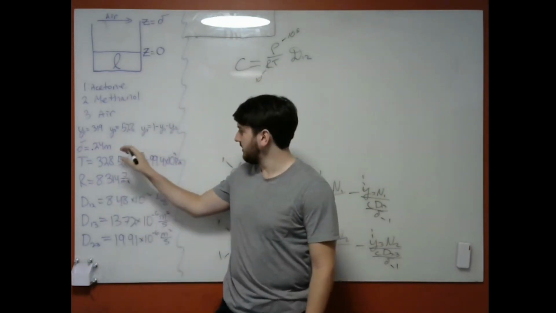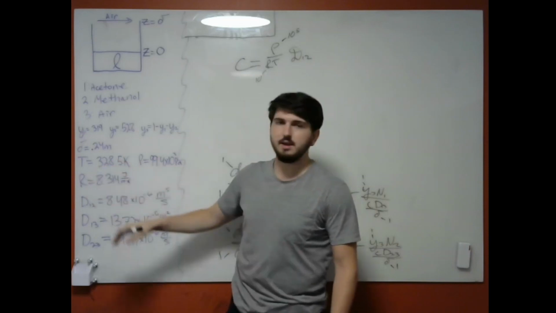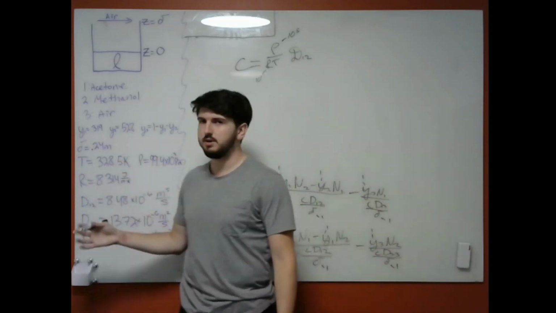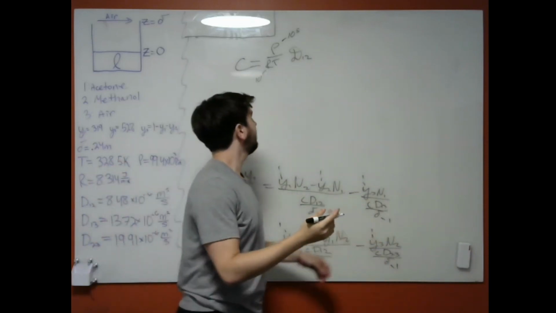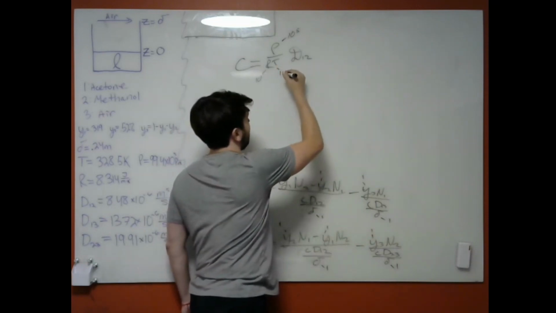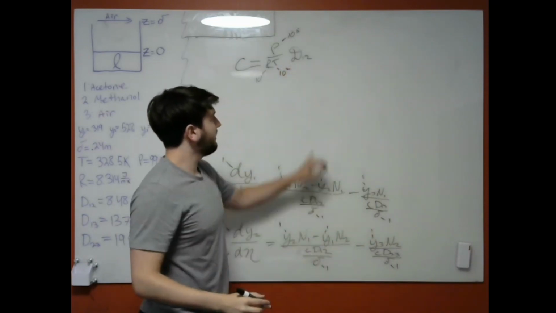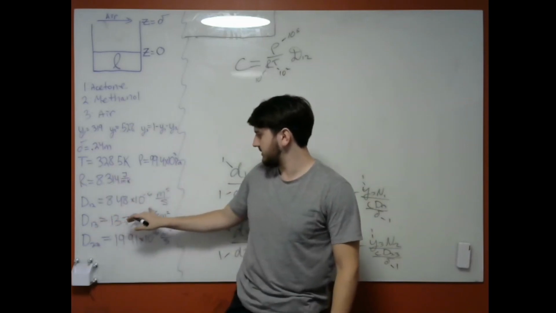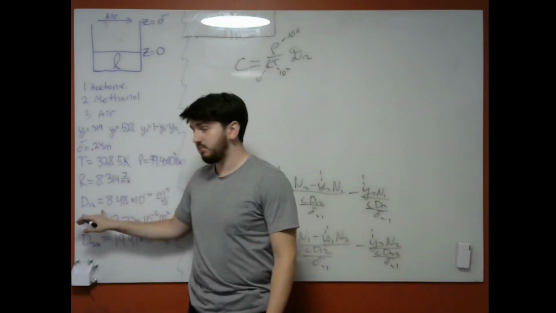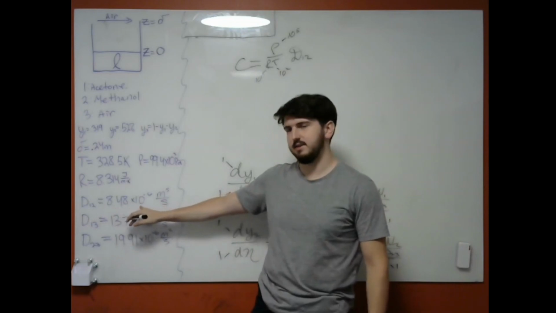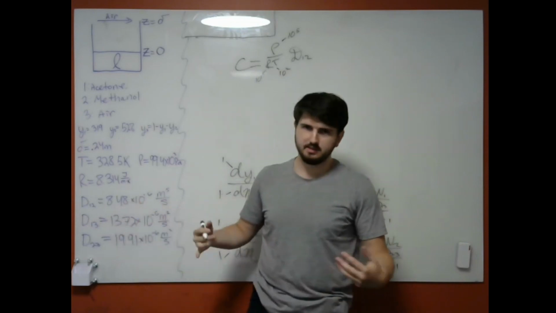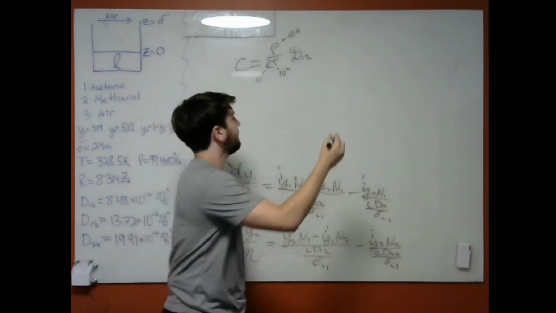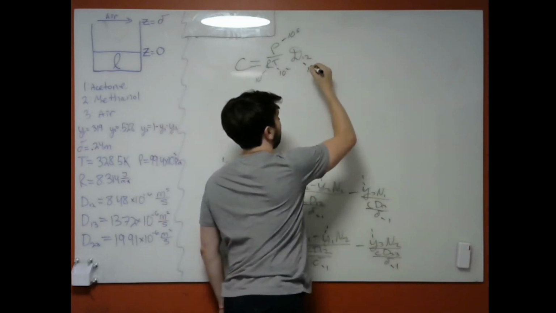The temperature is at 328. We're going to bring that up to 100, which makes it 10 squared. And that diffusivity, we have a similar one right here, where it's pretty much 10 to the negative 6th, and 10 to the negative 6th is close to 10 to the negative 5th.